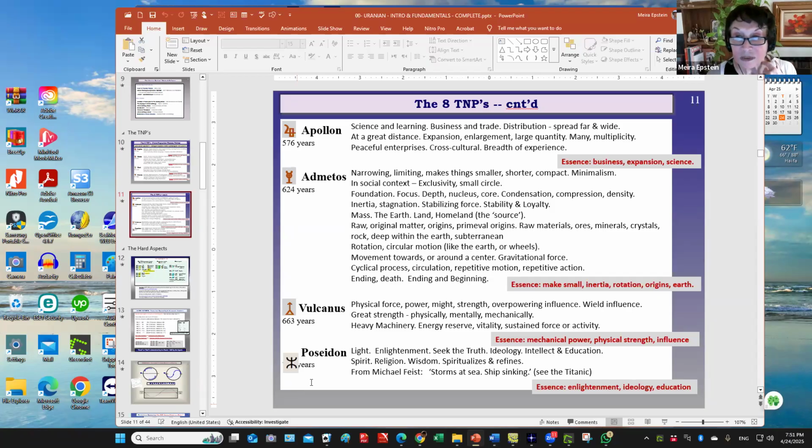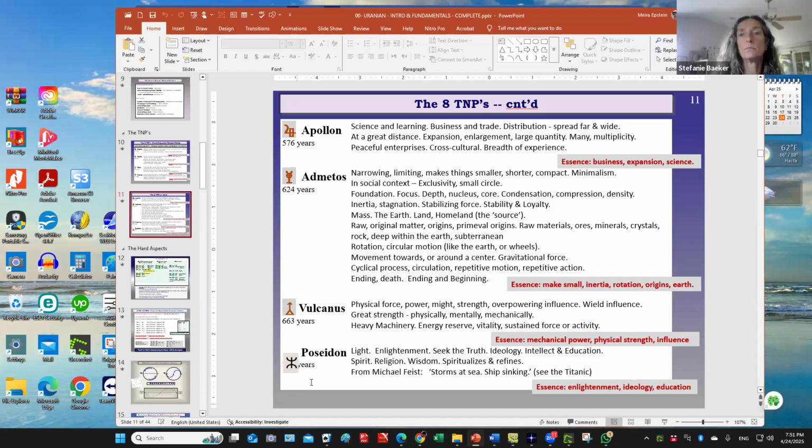I've used distribution literally one time. We might see that chart. Literally, the guy was actually distributing, that was his business, international distribution. Also very Gemini too? Just mostly Jupiterian, not Gemini so much. The idea is that it's far and wide.